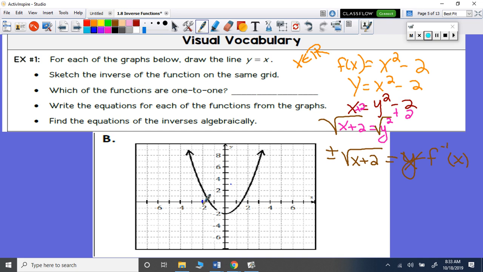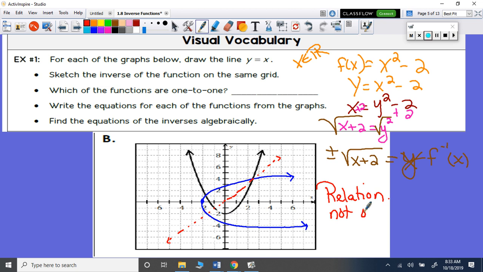For time's sake, I know that you guys can get the ordered pairs and flip them. But that is what the inverse looks like. And you can clearly see that the inverse is not a function. So it's not going to be symmetrical. So this is a relation. It is not a function, so it is not one-to-one. Okay.